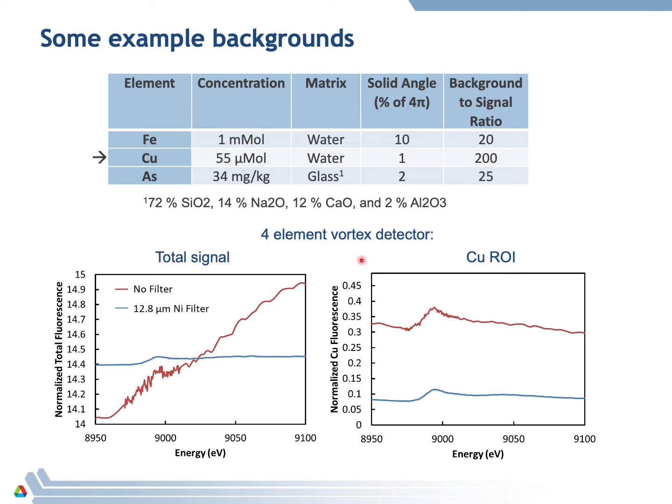But if we combine the filter and the solid state detector, we actually get the best signal because we've reduced the background significantly. So even if you're using a solid state detector, if we start getting to really high dilution factors, you might want to consider also using a filter and an appropriate collimating slit.